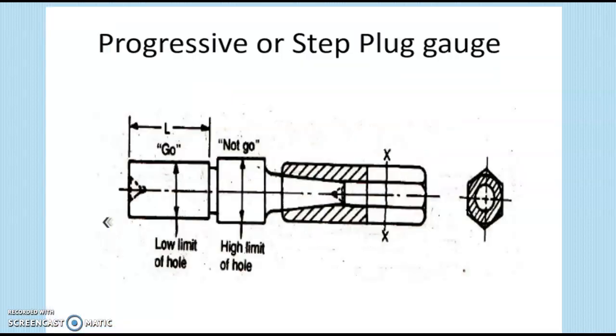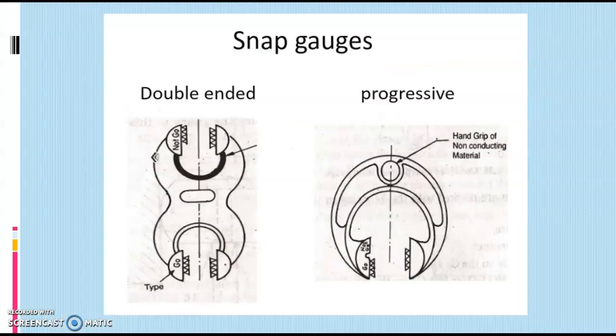In this case, both the go gauge and the no go gauge are provided on a single side of a gauge, so it is known as a progressive or step gauge. A similar example can be seen in snap gauges also. Here the picture shows the double-end snap gauge, and here the progressive snap gauge.